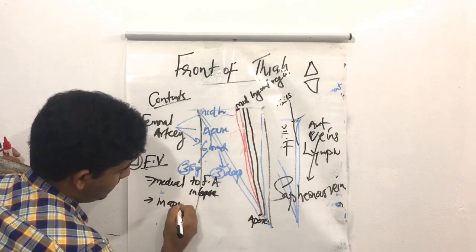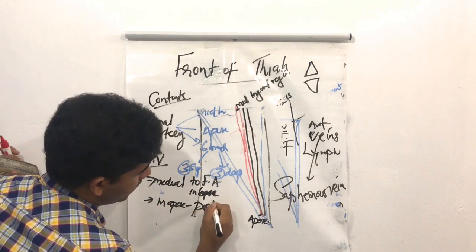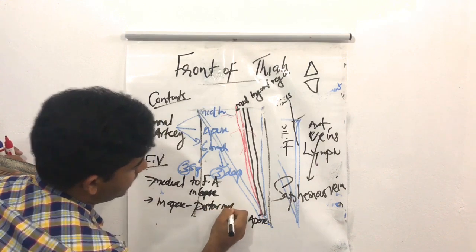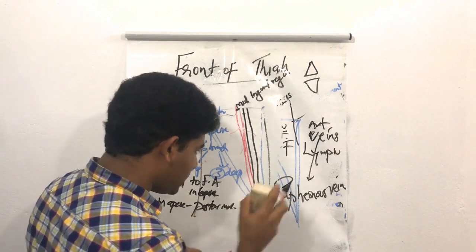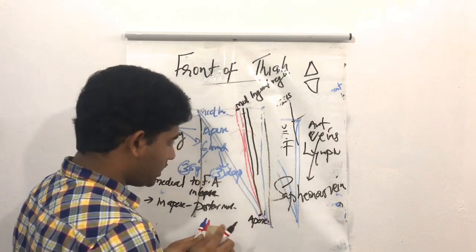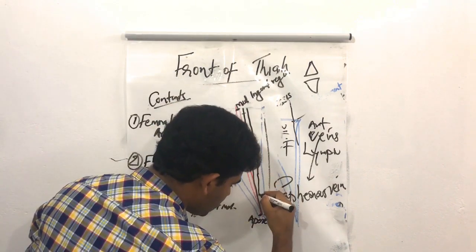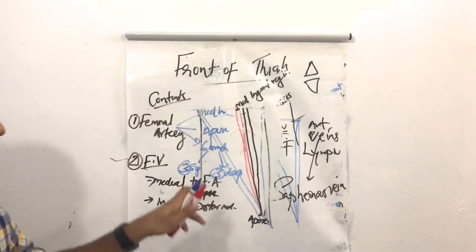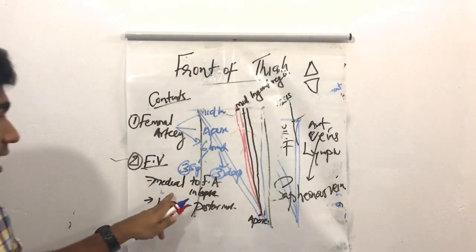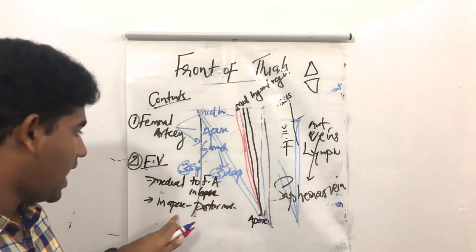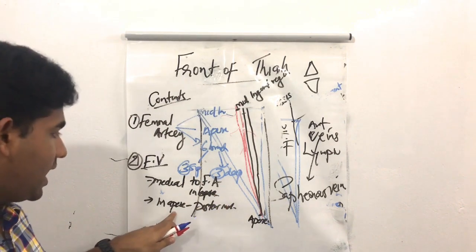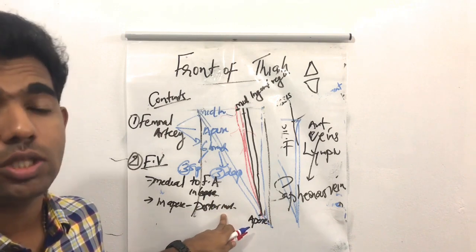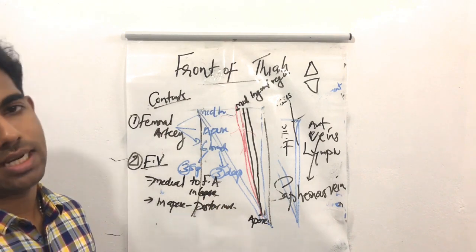In the apex, it is posteromedial. That means here it will lie medially, but when it reaches this part, it will move like this to become posteromedial. So the femoral vein is medial to the femoral artery in the base, and in the apex it is posteromedial to the femoral artery.